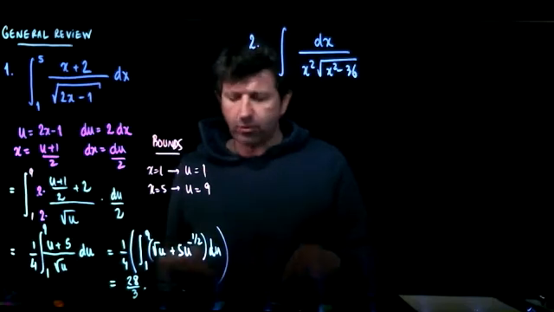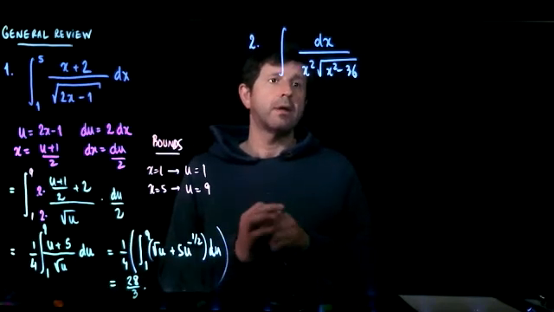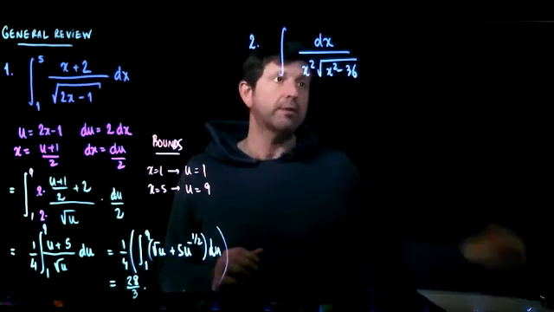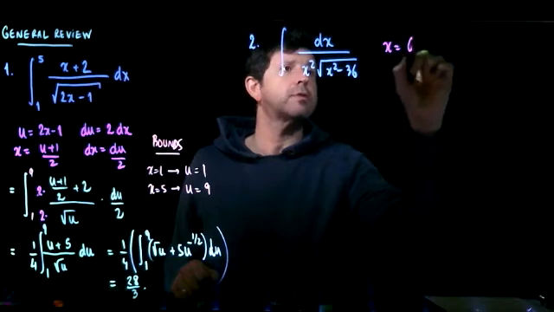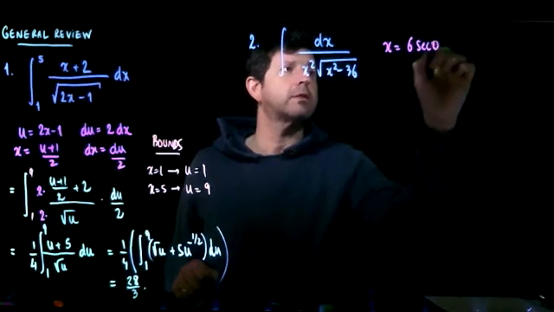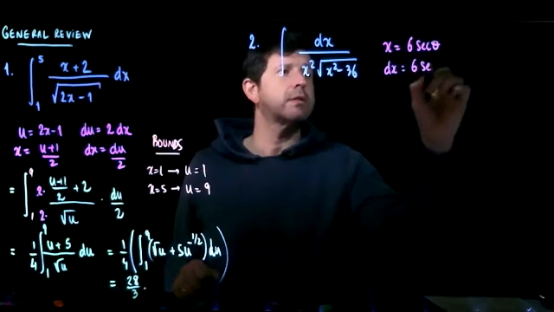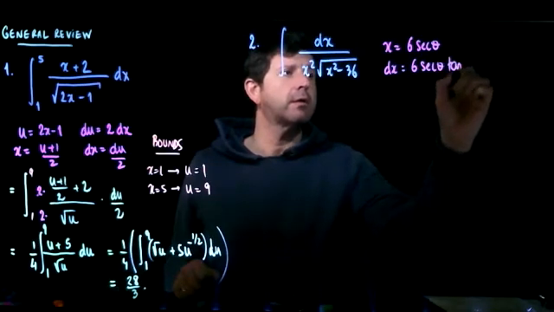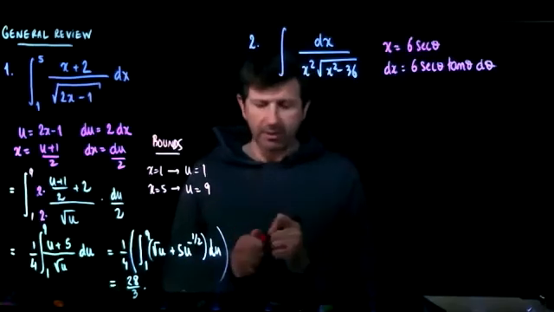So this substitution will be, it's in secant, right? So I'm going to do x is equal to 6 secant theta, and so dx is 6 secant theta tangent theta d theta. I'm guessing that's what you did.